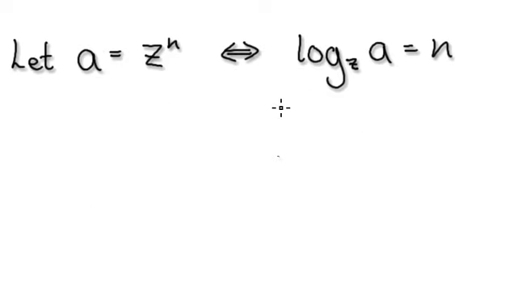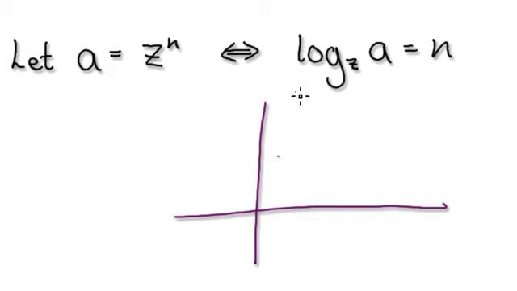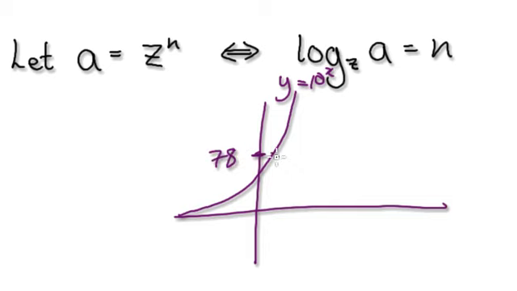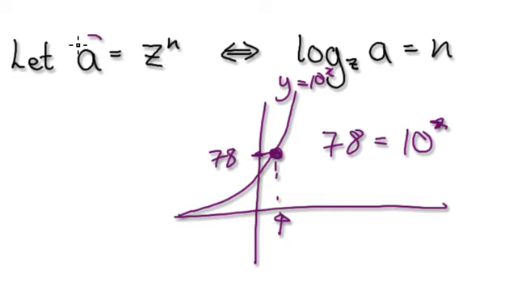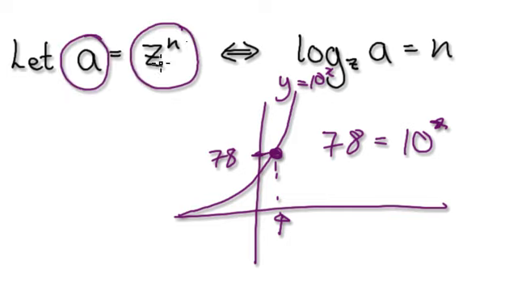If you look at y equals 10 to the power of x, and you give me any number, say 78, it is possible. You see that there is that something. I can rewrite 78 as 10 to the power of something. That something here exists. So my point is that any given number, you can rewrite it as something to the power of another thing.